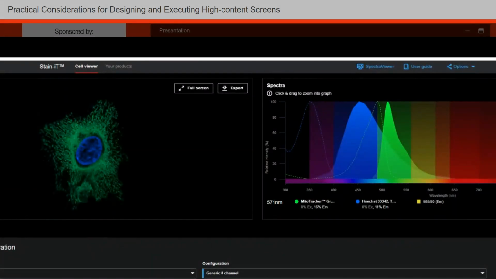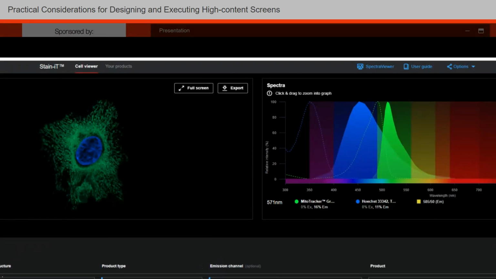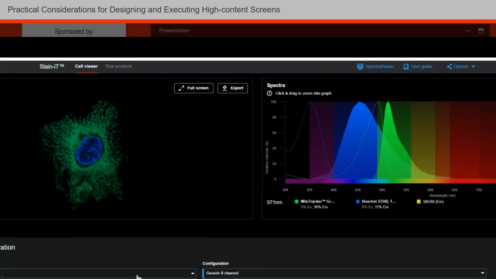Real quickly, you would go to the instrument settings here. So you start with cell, go to instrument. We have several that are pre-populated: Thermo Fisher systems, PerkinElmer systems, Sartorius, Yokogawa. If you have others that you're interested in, please feel free to reach out and we can add those as instruments in the software.